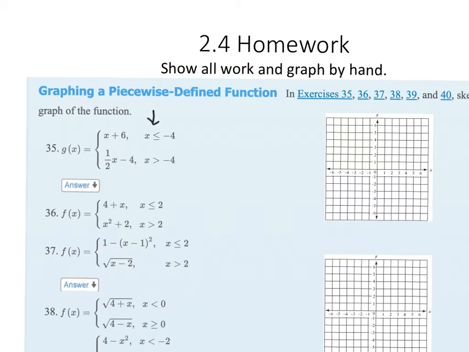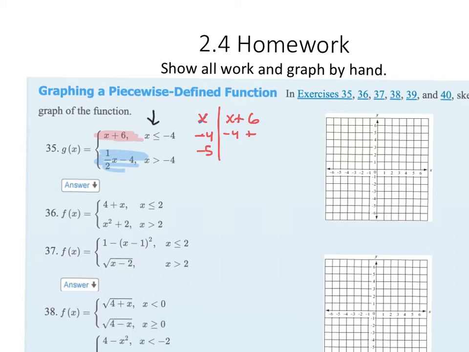So, for example, let me go ahead and color code this. I'll graph this one in red, and I'll graph this one in blue. For the red one, if I plug in values that satisfy the inequality, I have to plug in -4, and then I'll pick another number that's less than -4, so I could plug in -5.